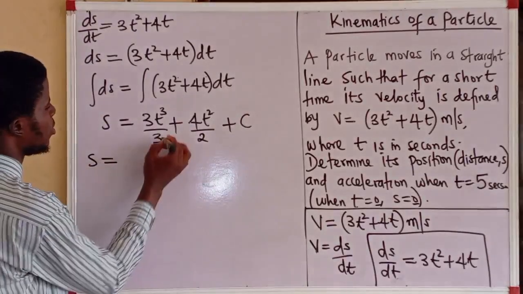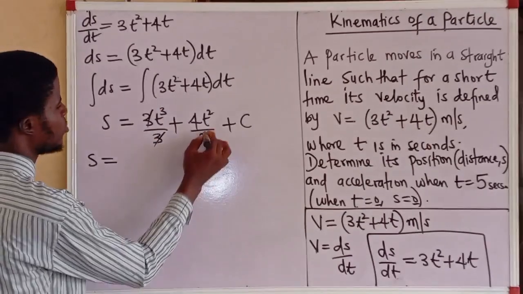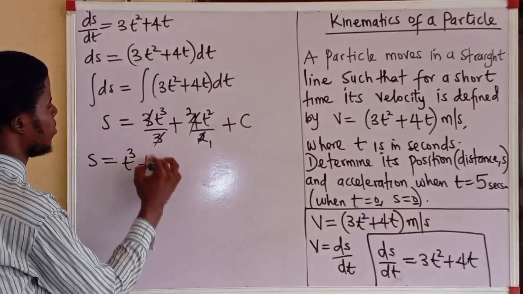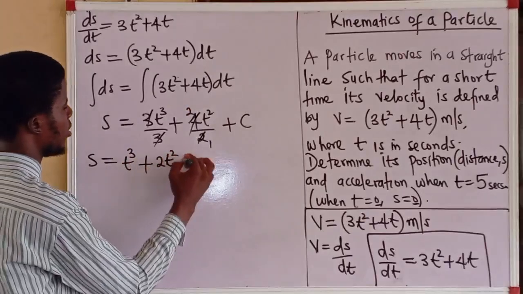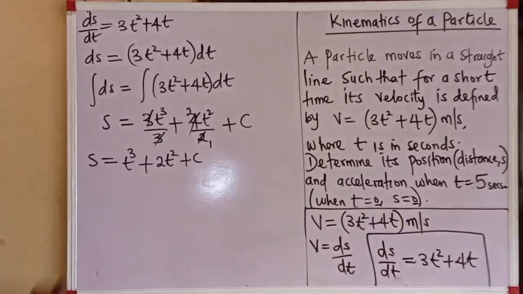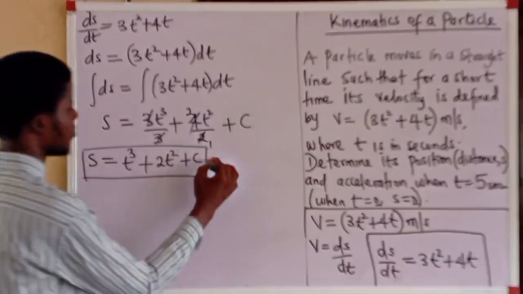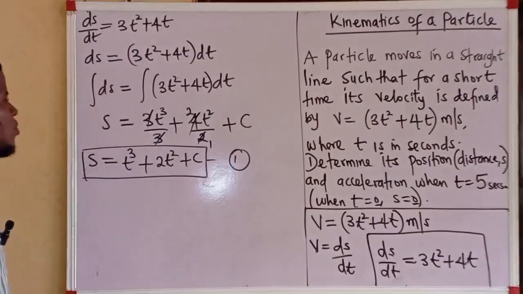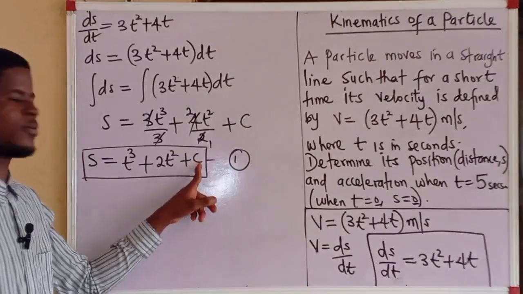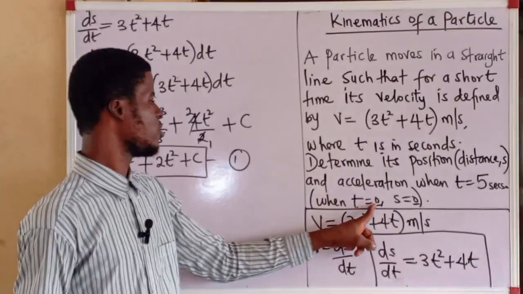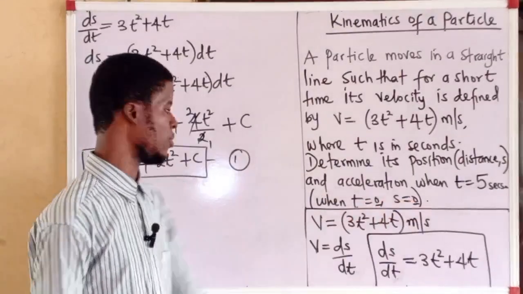s is equal to, 3 cancels 3, and 4 over 2 is 2. So we have t cubed plus 2t squared plus c. Let's call this equation 1. We need to determine the value of c here. The question gave an initial condition: t is 0 and s is 0.